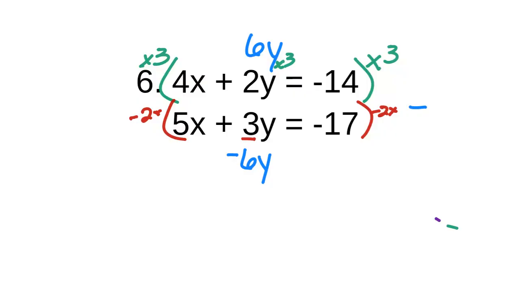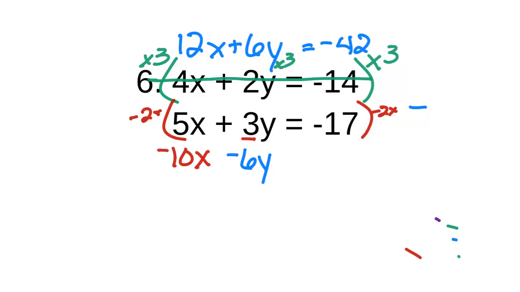So on top, 3 times 4, that would be 12x plus 6y equals negative 42. I'm going to put a line through that. And for the bottom one, negative 2 times 5 is negative 10x.